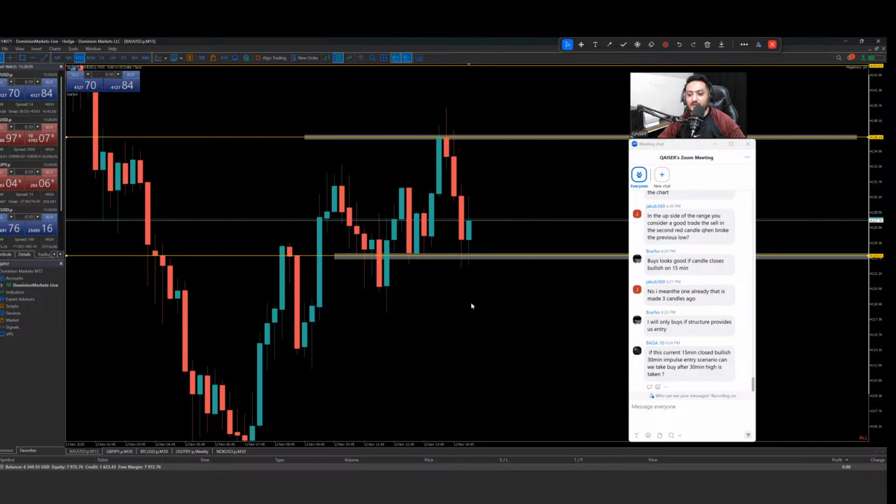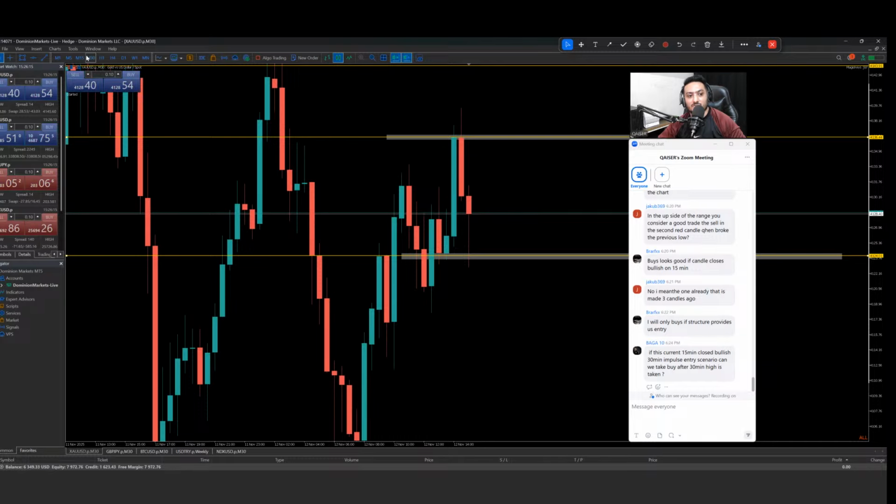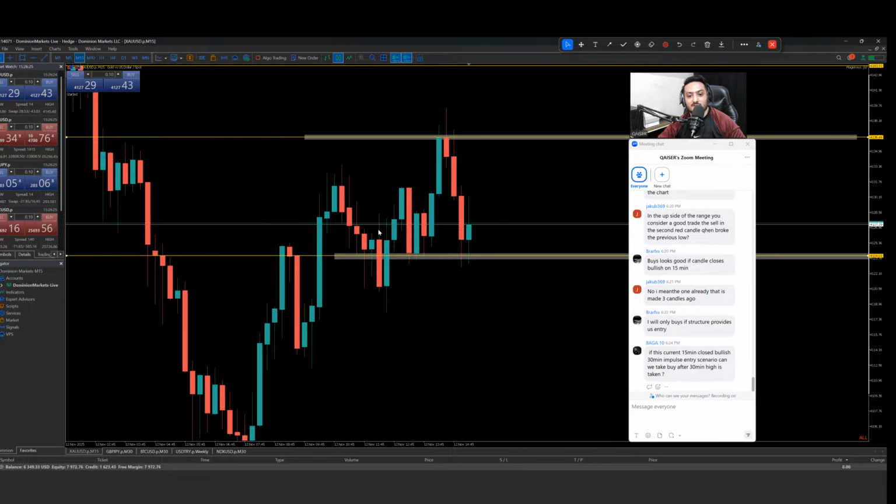If the current M15 closes bullish, in the 30-minute impulse entry scenario, can we take a buy after the 30-minute high is taken? Let's see how this candle is about to be closed. It's very important to see how it closes. If this 30-minute candle closes with a small body, and the rejection is bigger than the body, showing strong momentum, that makes sense for the buys.